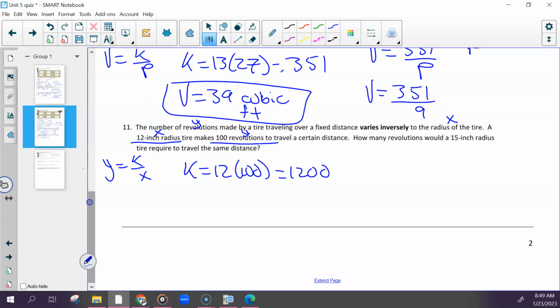After you find your k, put it back in. And we're looking for number of revolutions, y, when given x. So if we divided that, we'd get 80.